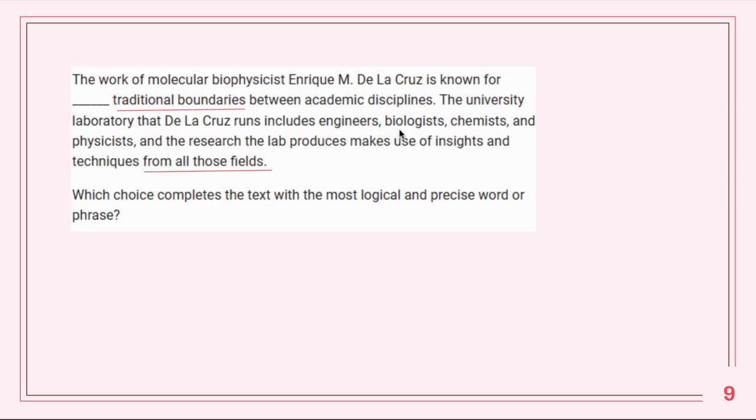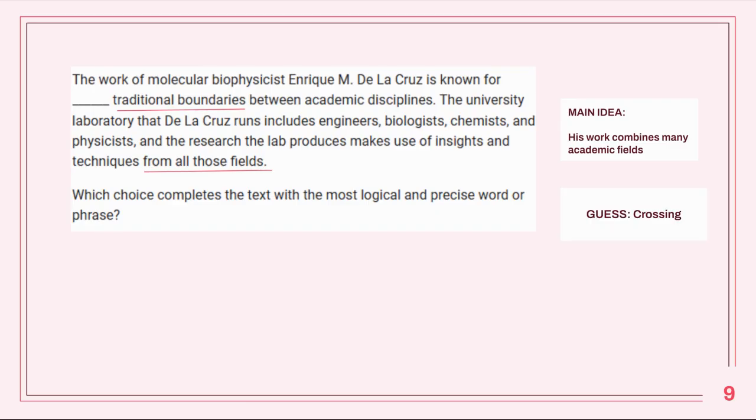So even if you don't get that this is listing people from different sorts of subjects, we can see from the fact that it makes use of insights and techniques from all those fields that we're not operating between traditional boundaries. We're actually crossing those traditional boundaries, right? So the main idea is that his work combines many academic fields, not just one, or we're not staying in one academic discipline. We're taking work from many academic disciplines.